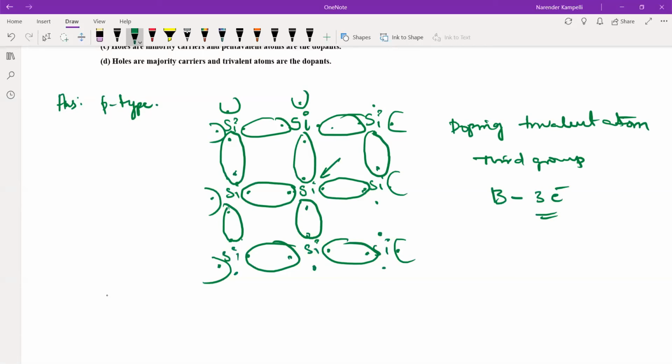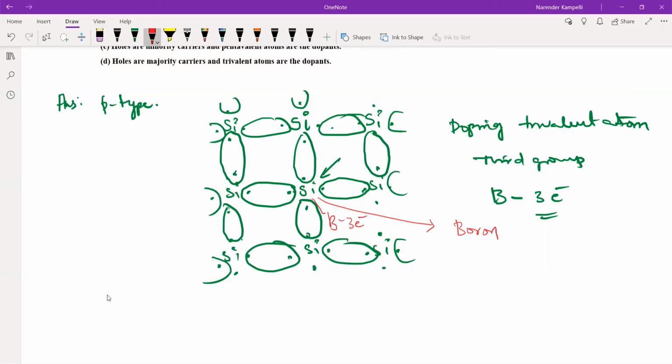So what are we going to do? Now this silicon is replaced with boron. In the place of silicon, which has 4 electrons, we have boron, which has only 3 electrons.